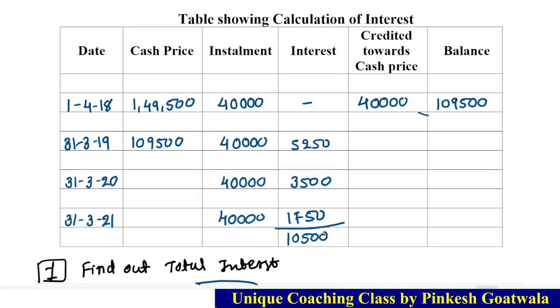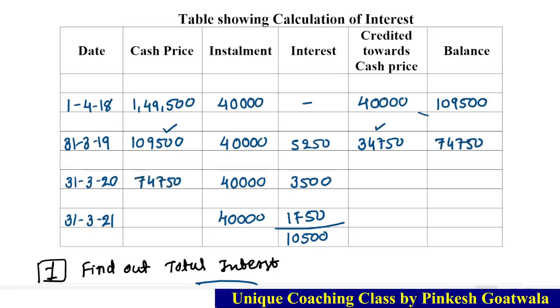Now you can easily complete your sum. Now nothing is remaining. 40 minus 5250 is 34750. Now subtract from 1,09,500: 1,09,500 minus 34750 is 74750, it will come here.